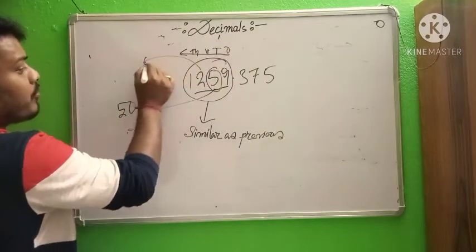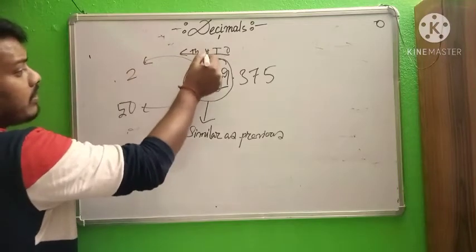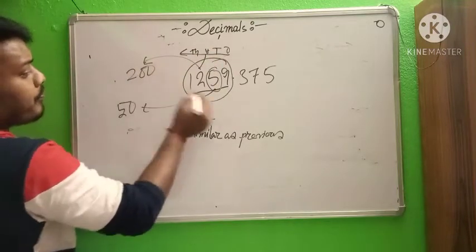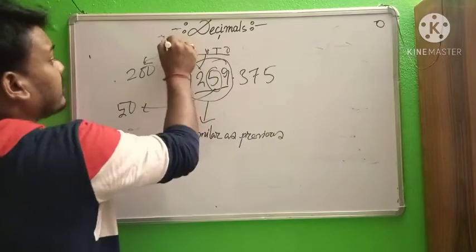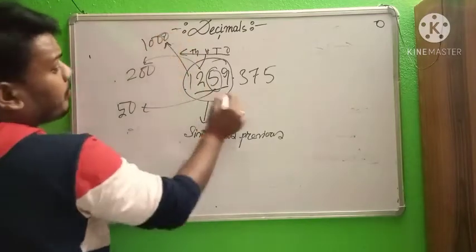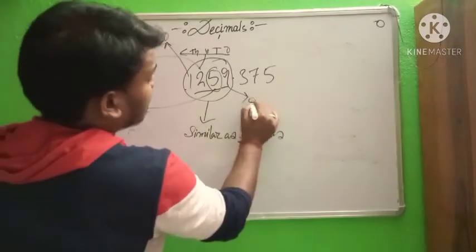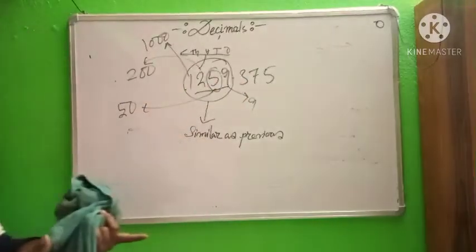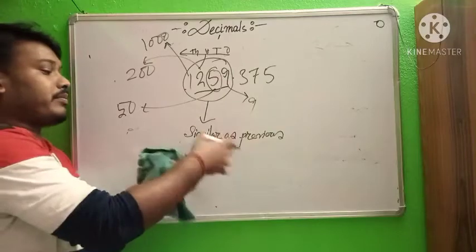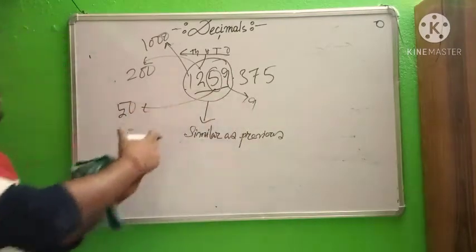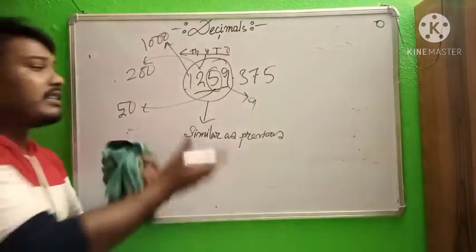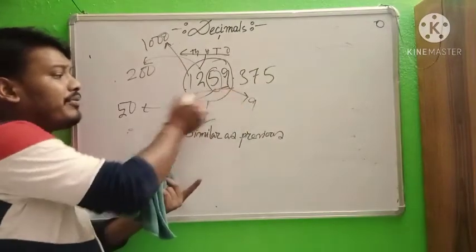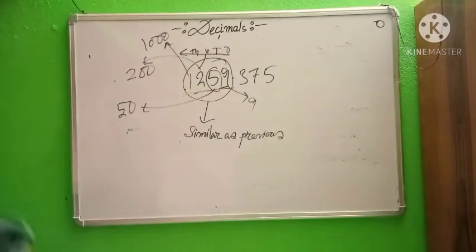Place value of 2 is 200. Place value of 1 is 1000. Place value of 9 is 9. So before the decimal part there is no change. Previously we already learned how to find place values, or what the meaning of place value is. So before the decimal part there are no changes.